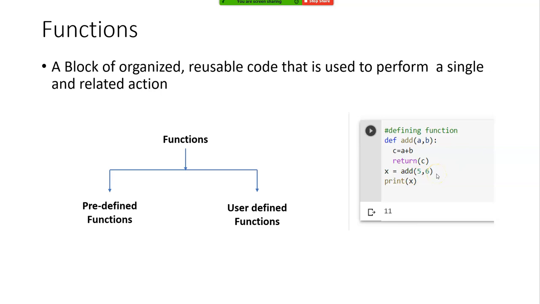In the case of addition, it is very simple. But what if your function actually covers 10 lines of code? Instead of writing 10 lines of code, say 5 times, you write a function.